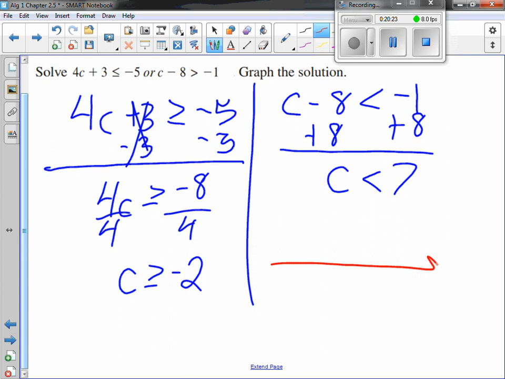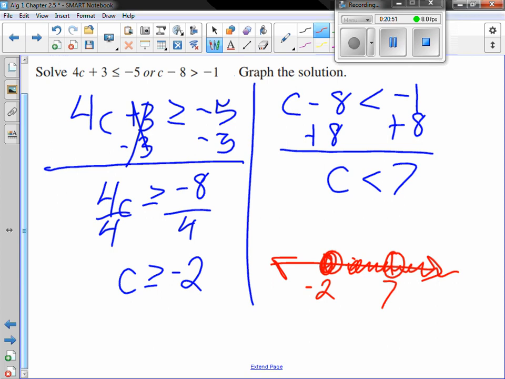So on a graph, -2 and 7. At -2, it's closed, at 7, it's open. Now at -2, are we going to shade to the right of -2 or to the left? To the right, yes? It's bigger than -2. Oh, wait a minute. That one ran straight through 7, didn't it?